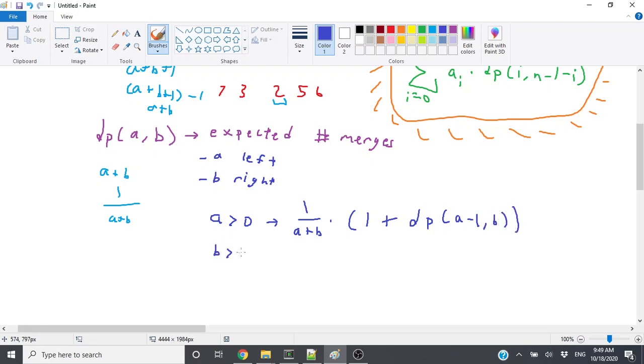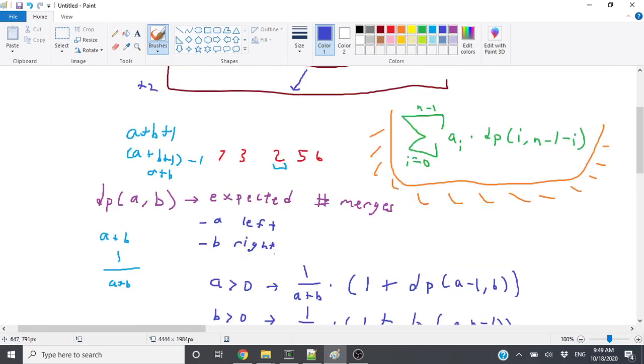So in the same regard, if B is greater than 0, it's 1 over A plus B times 1 plus dp of A and B minus 1. If we have more than one element to the right, or to the left, say, then we also have some of these merges that don't include 2.